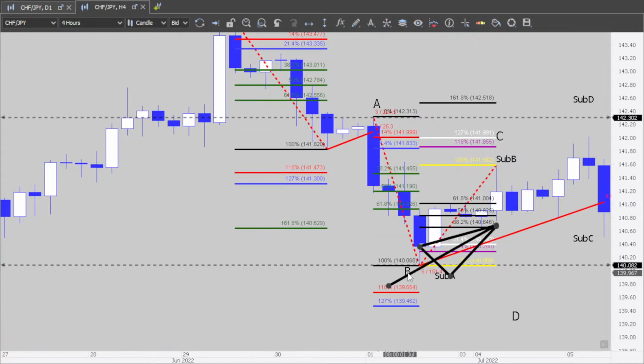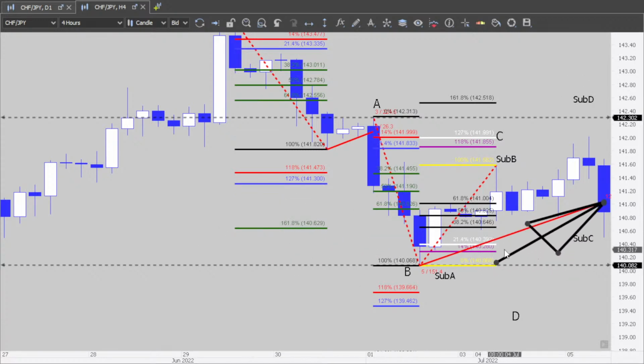Question, if I short the market in here, is this an 80 to 85% rate, or is this 50% rate? Then it says, oh, 80%, the C is confirmed.